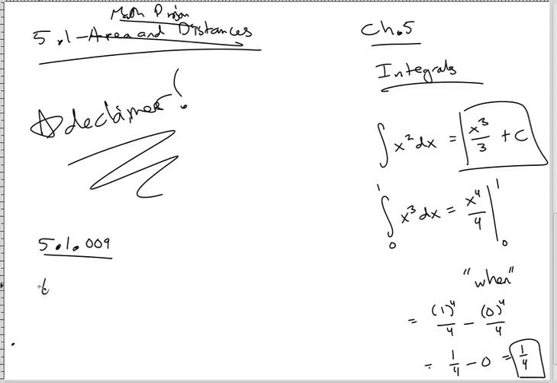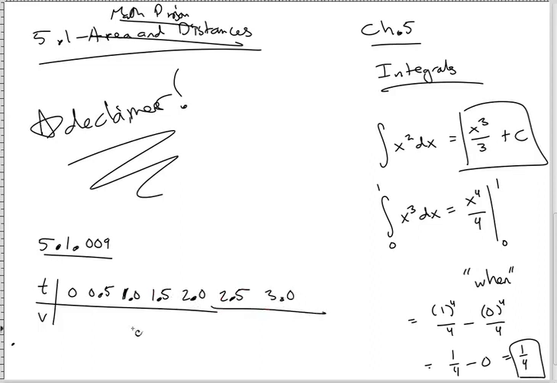Completely different. We got a T and a V, and they give us 0, 0.5, 1.0, 1.5. I could type this so much faster than writing it, and it would be much more legible, but that's okay. We're going to get through this. 0, 5.7, 11.2, 14.1.